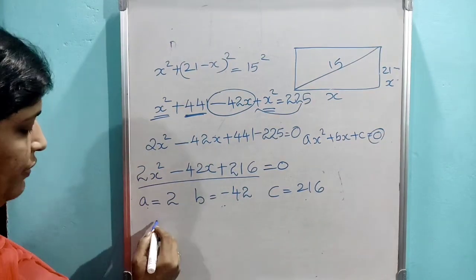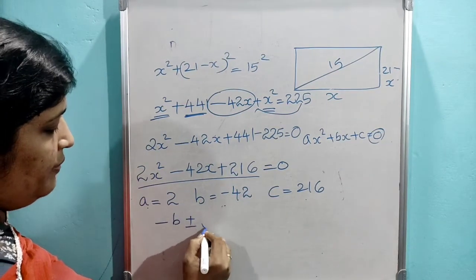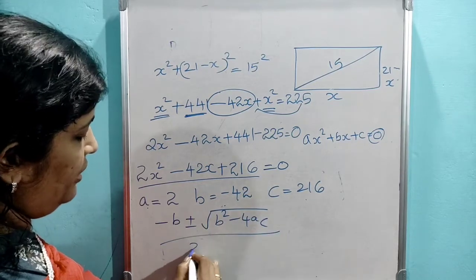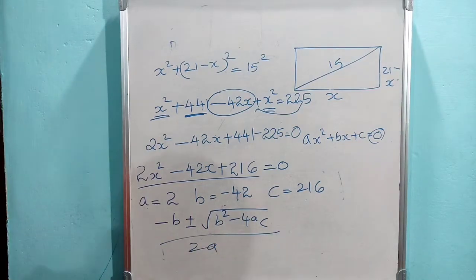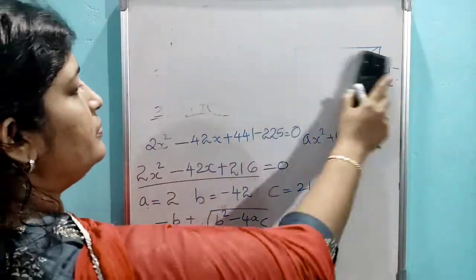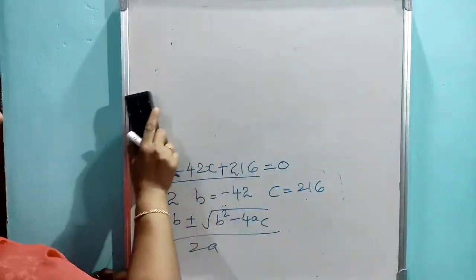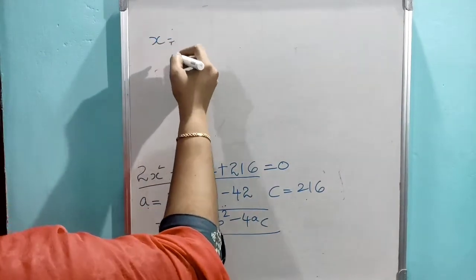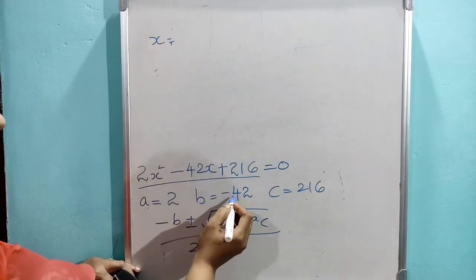Substitute these values in our formula: x is equal to minus B plus or minus root of B square minus 4AC, divided by 2A. What is minus B?